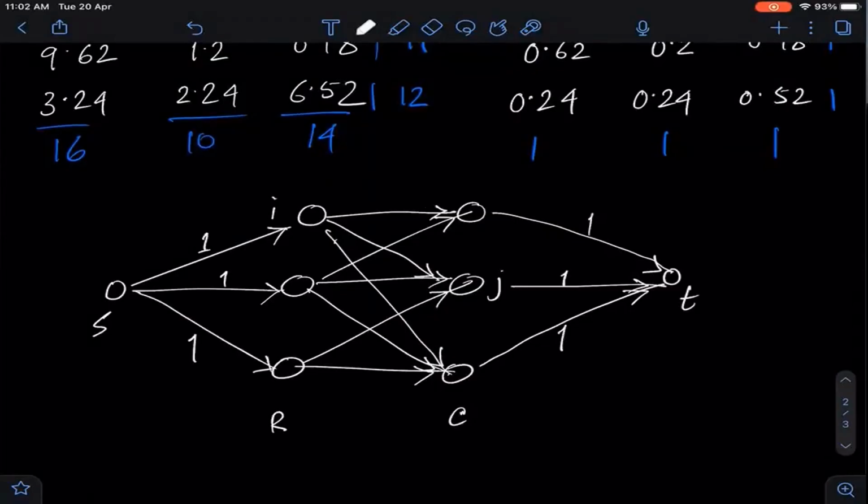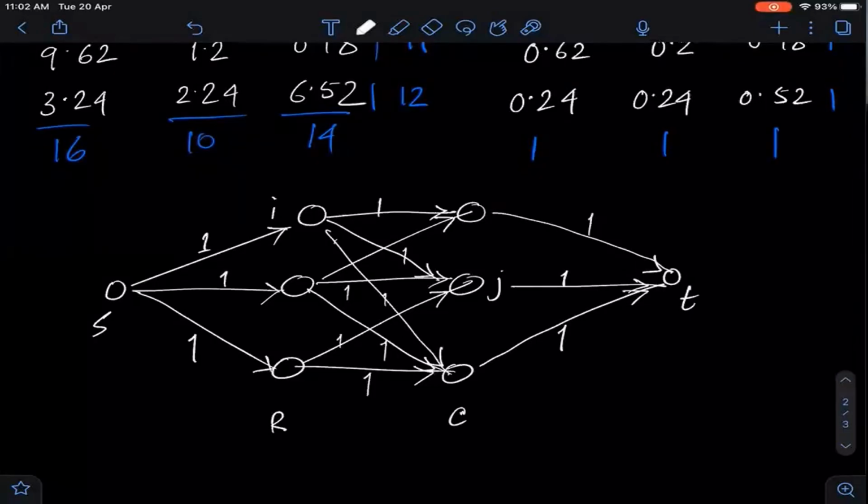What about the remaining edges? Let's keep the capacities to be 1 for these as well. So let us say this is my flow network. ऐसे एक flow network मैंने construct कर लिया, right?